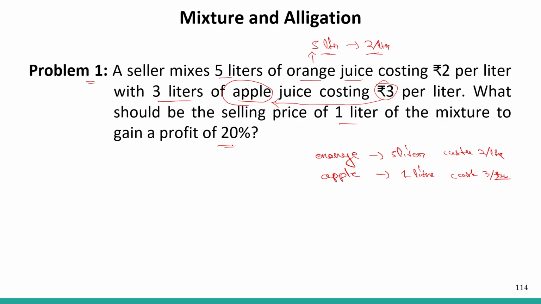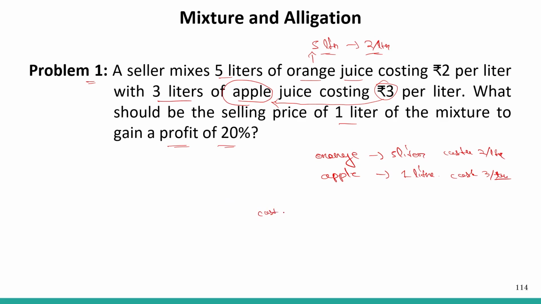So let's break down the question first. We want to sell it. Before getting a profit, we need to see what is the cost price, right? So let's try to calculate the cost price.